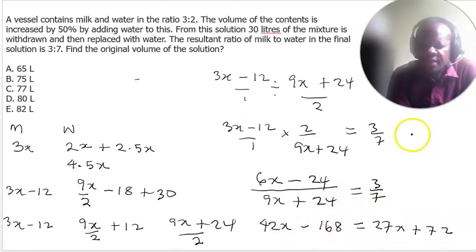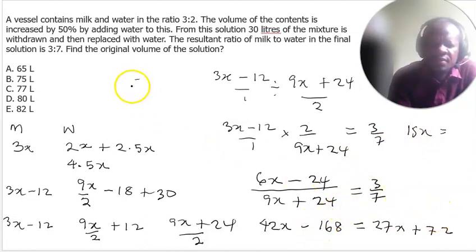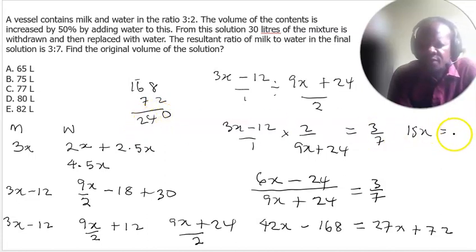So we collect like terms. 42x minus 27x will give us 15x. 15x equals 168 plus 72, that is 240. So if we divide this by 15, we get x equals 16.